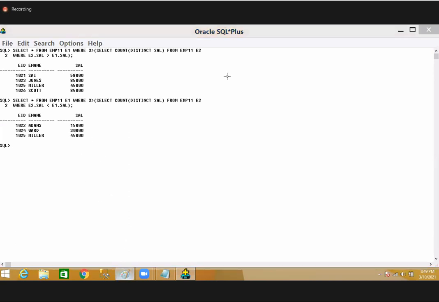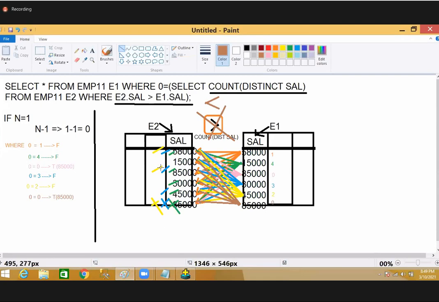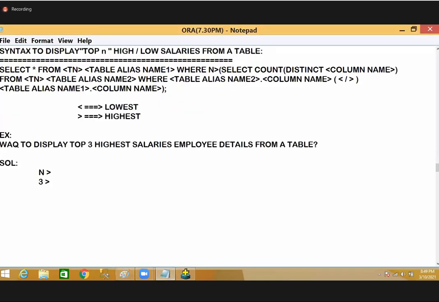You just follow the same mechanism. Okay, right. Finally, observe one note point I will give you, to easily understand. To find the nth highest or lowest salary, what is my formula?